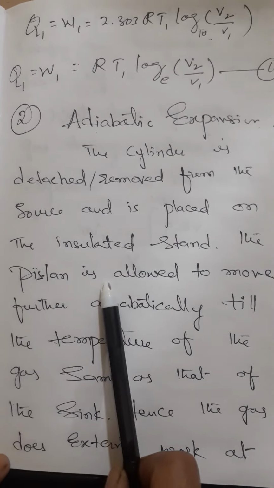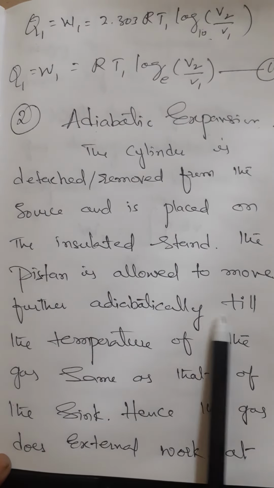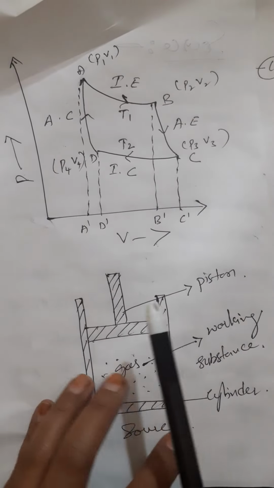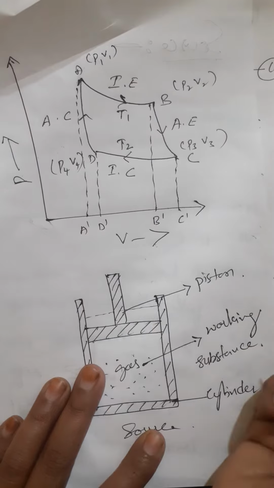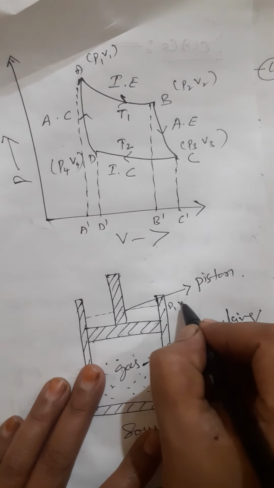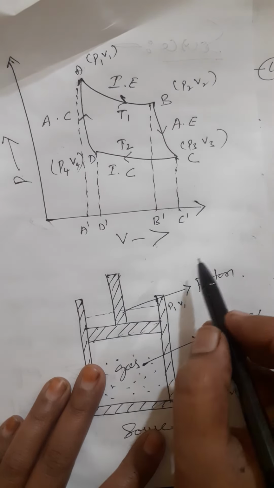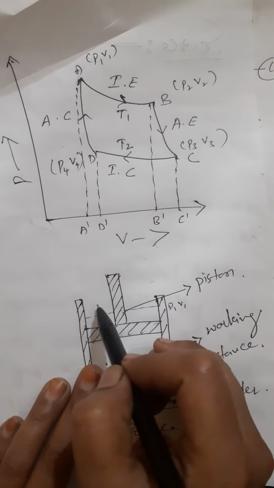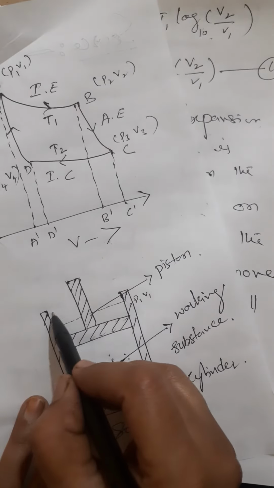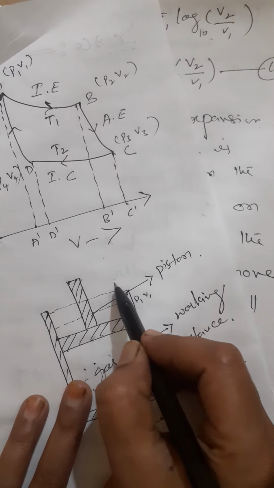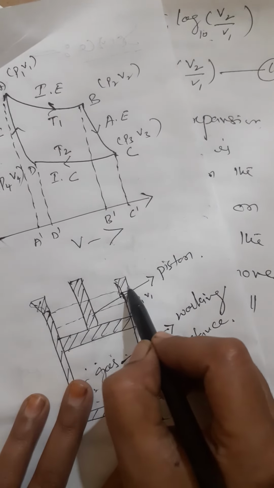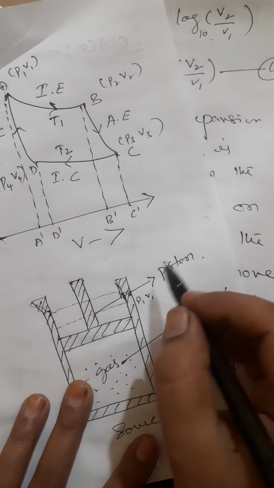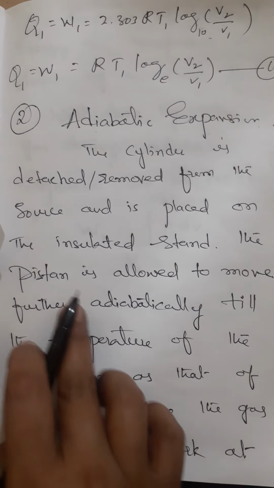The piston is allowed to move further adiabatically. In the first case the piston was moved up to the point with pressure P1 and volume V1. In the adiabatic expansion, the piston is again moved in the upward direction, where the temperature and volume will be different.